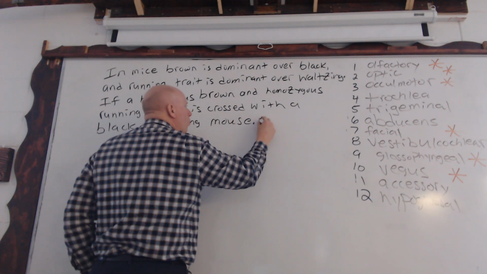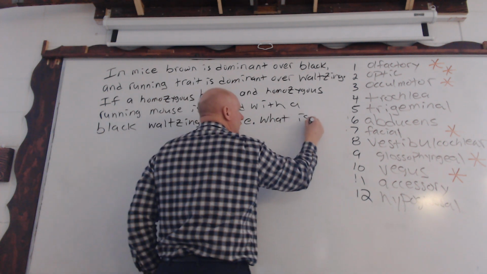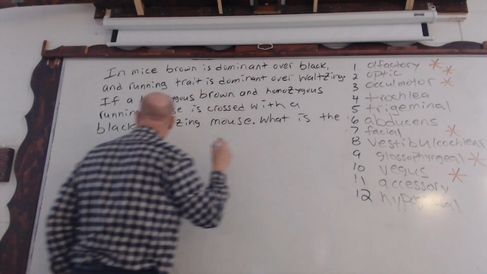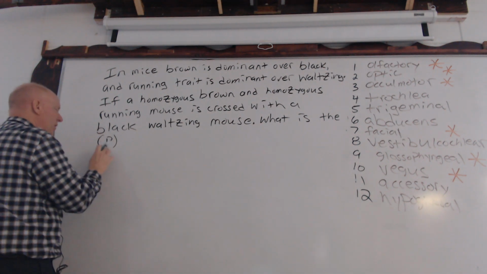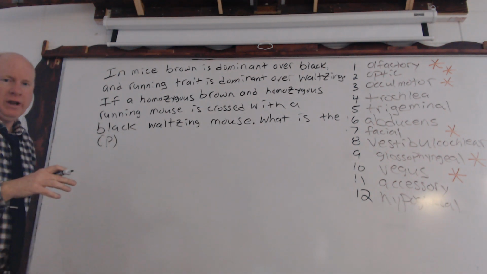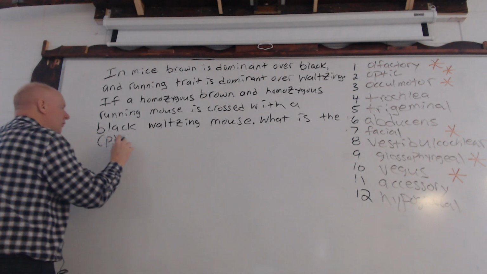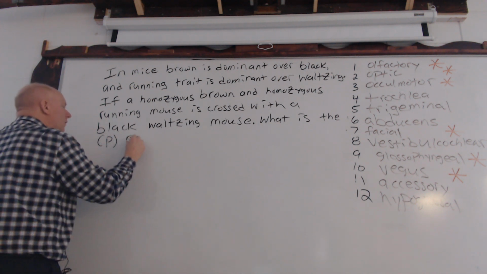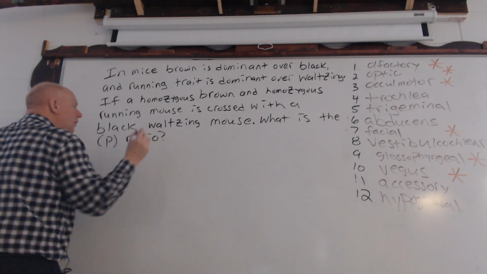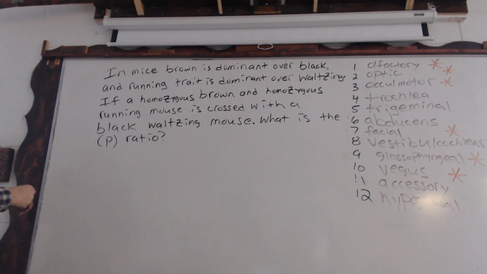Okay, what is the, I just put the P in parentheses, just quicker writing that in there. You know what, that's the phenotypical ratio. Okay, so just like what you do with physical science, you'd want to have a setup to illustrate what you're actually dealing with.